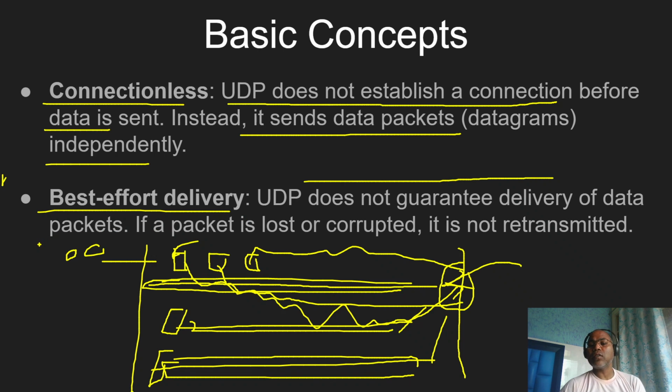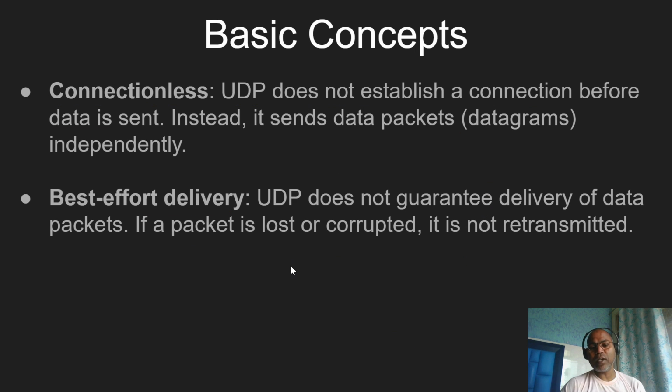If any packet is lost or corrupted, there is no concept of retransmission. If corrupted data is received, there is no concept of requesting the sender to send the packet again, because here we want fast and efficient transmission of data.